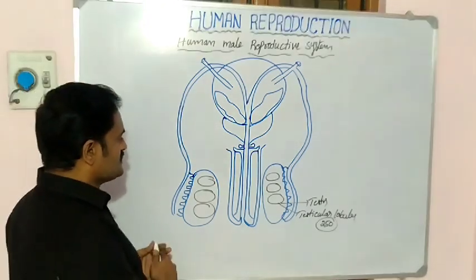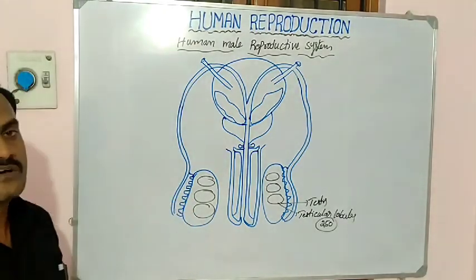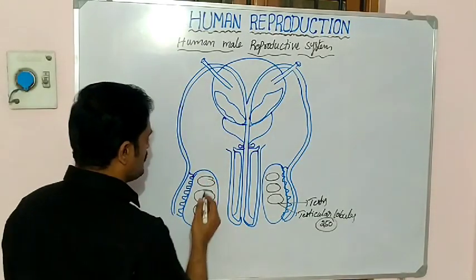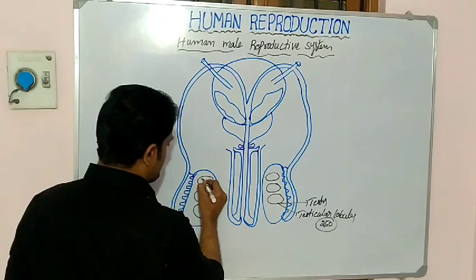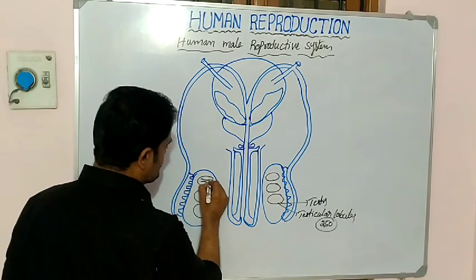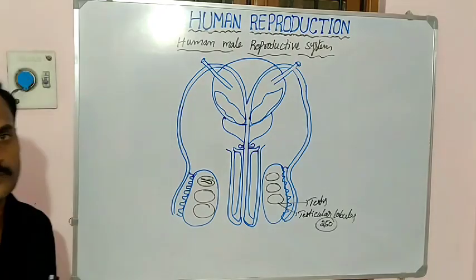Okay, the sperms are released from the seminiferous tubule. See, inside of the testis there are lobules, and each lobule consists of seminiferous tubules.